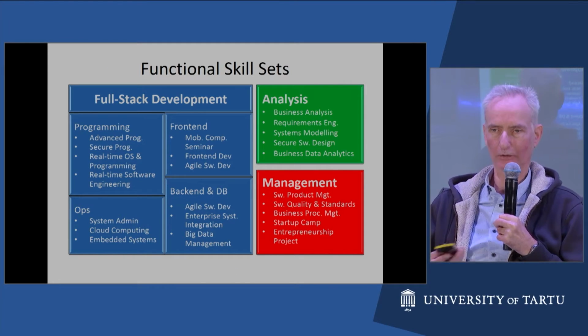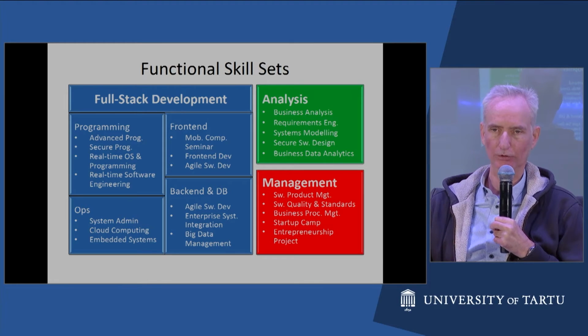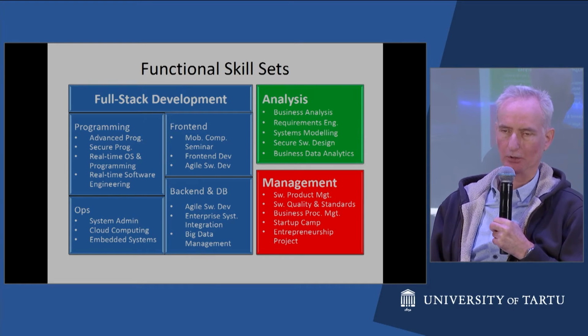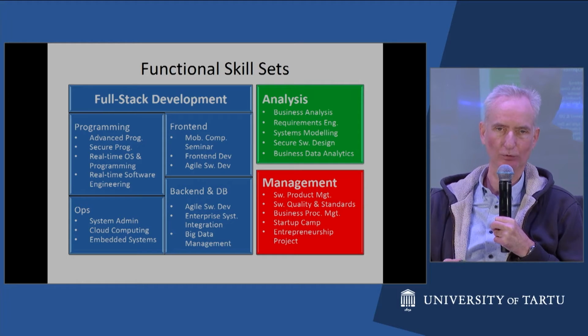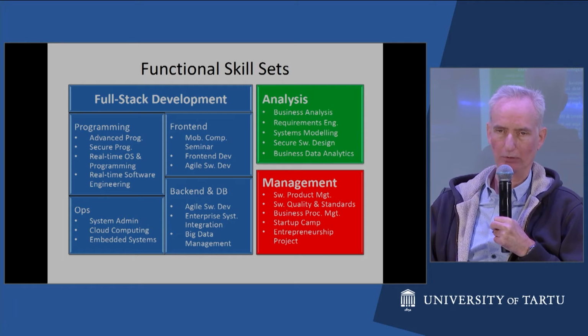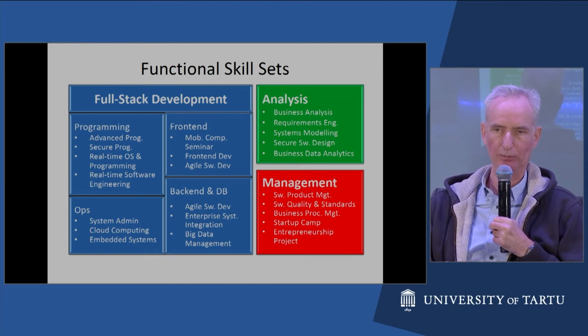So in the end, when you have completed the program, you should be really a full stack software developer who knows much about all the technical aspects of how to develop software, how to make sure that it has good quality, how to develop it efficiently. That is what you see also in the blue colored box here. But in addition, we also want software engineers to have at least some knowledge about management-related activities, and that is in particular, I guess, product management, but also business process management.